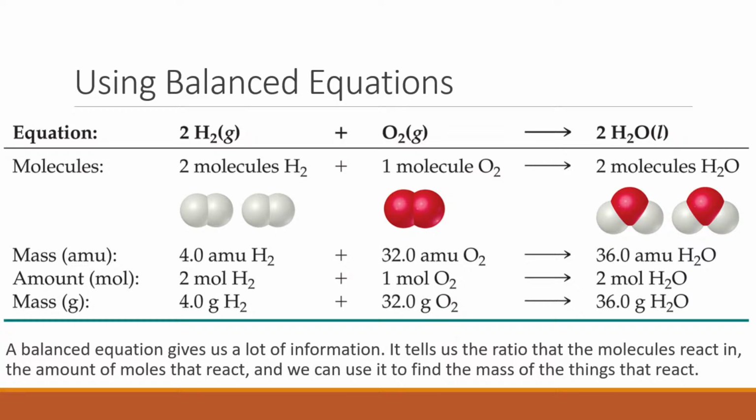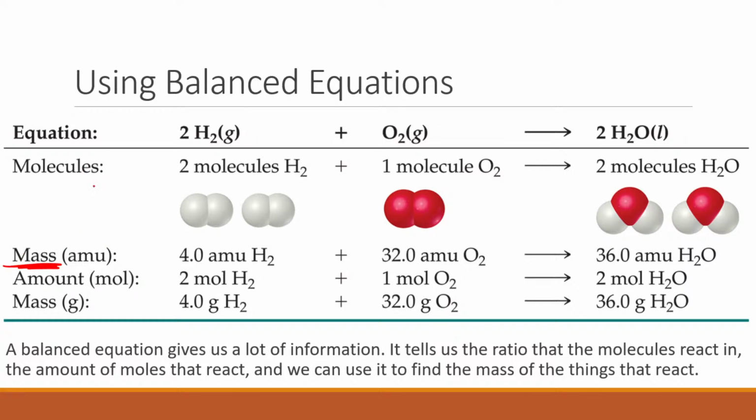So let's look. Here we have a balanced equation up here on the top in bold. We have 2H2 plus O2 makes 2H2O. Now this balanced equation gives us different pieces of information at different scales.